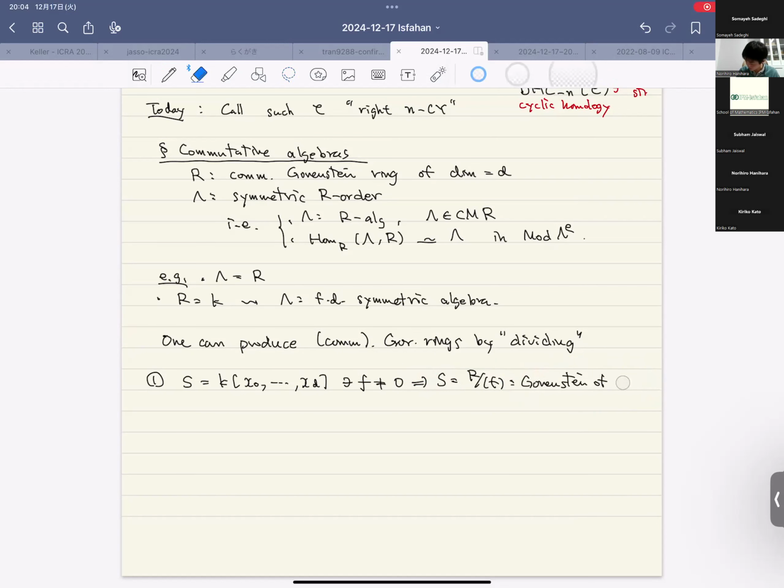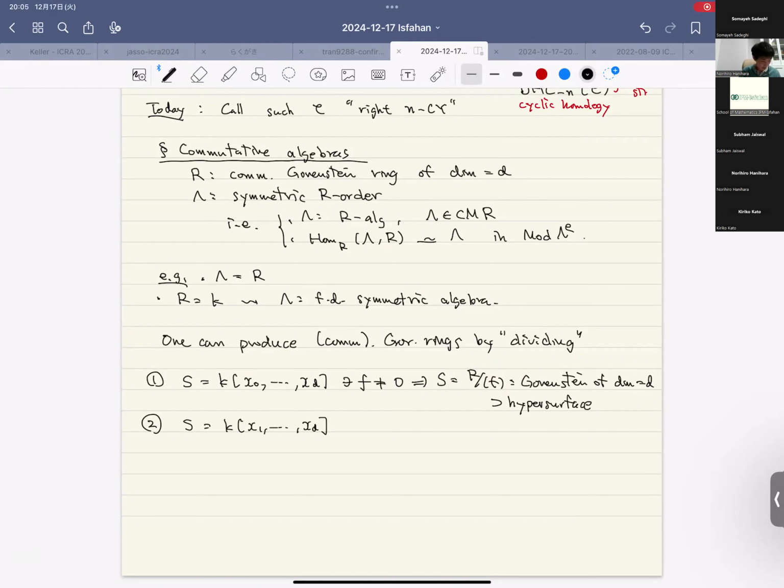This belongs to a much nicer subclass called hypersurfaces. And secondly, we can divide by some group action: we have a regular polynomial ring and consider a finite subgroup G of SL_d acting on this polynomial ring by a linear change of variables.